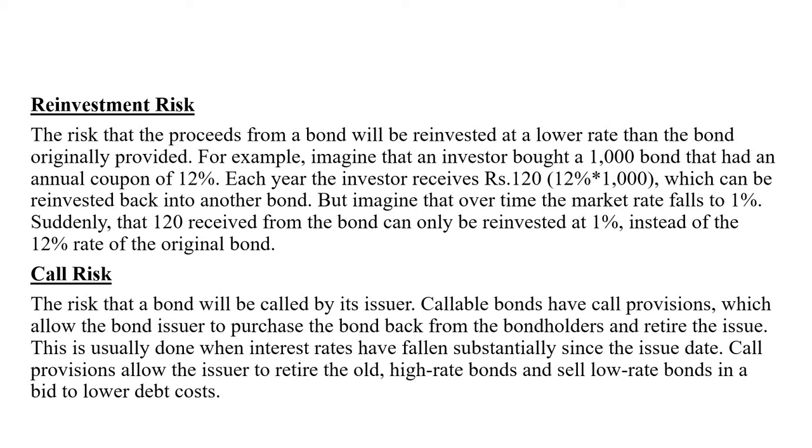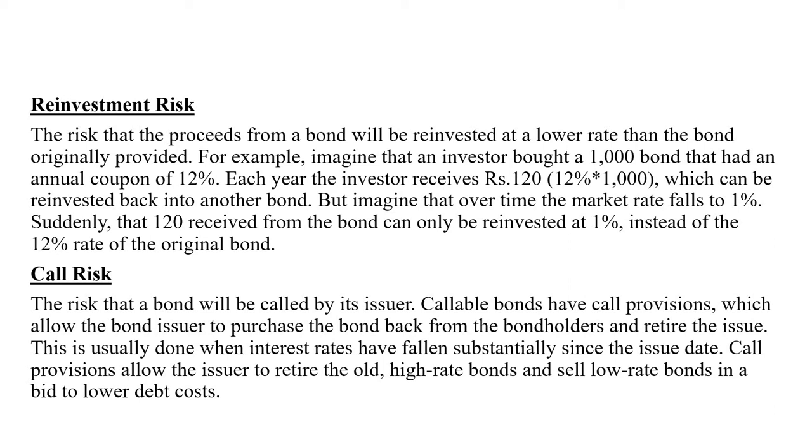This is the risk associated with reinvestment, meaning one time we got a good result, but if you plan to reinvest, at that time we do not get as good a return as the first time. For example, I said that on the 1000 bond we got 12%, but suddenly after 1 year, if you go for purchasing the same bonds, you get hardly 6 or 7% return, almost half, right? So in that case, we will not go for reinvestment in such bonds. Such kind of risk associated with reinvestment is known as reinvestment risk.